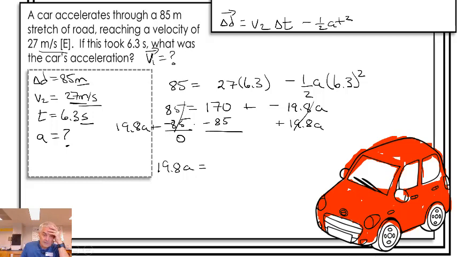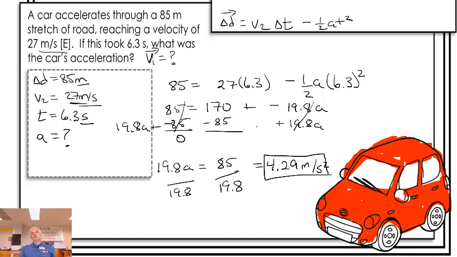Doing this on my calculator, I get 85. Divide both sides by 19.8. So I take 85 divided by 19.8, and I end up with 4.29 meters per second squared.